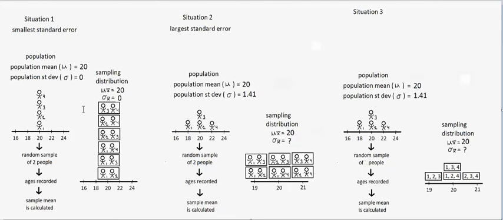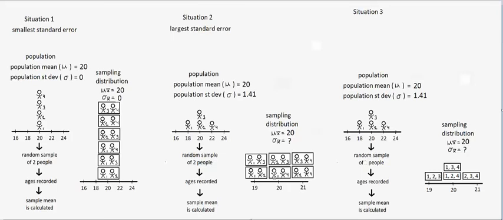One other thing I want you to realize is that when the standard error is small, the sample mean is more likely to be close to the population mean. Because if the standard error is 0, then the sample mean has to come out to the population mean. You can see in this situation that the sample mean has to come out to the population mean of 20. And if the standard error is bigger, it means that the sample mean is likely to be further out from the population mean.